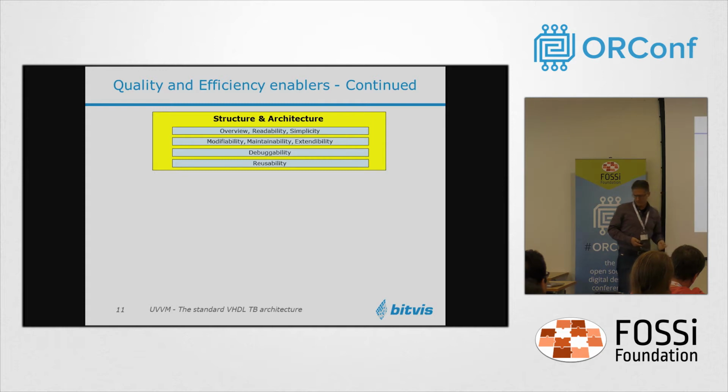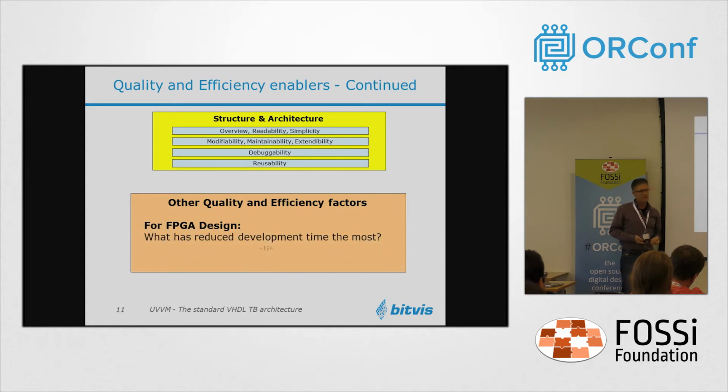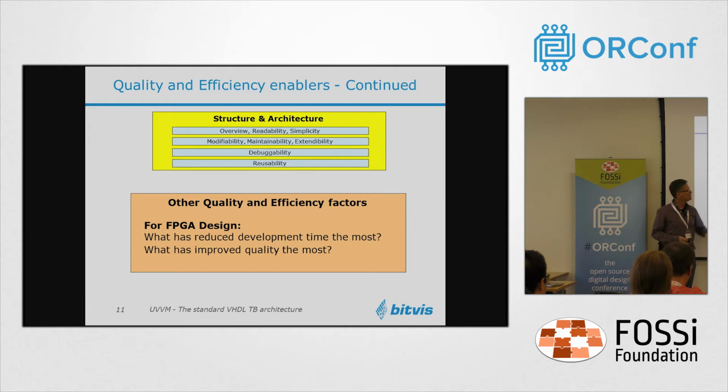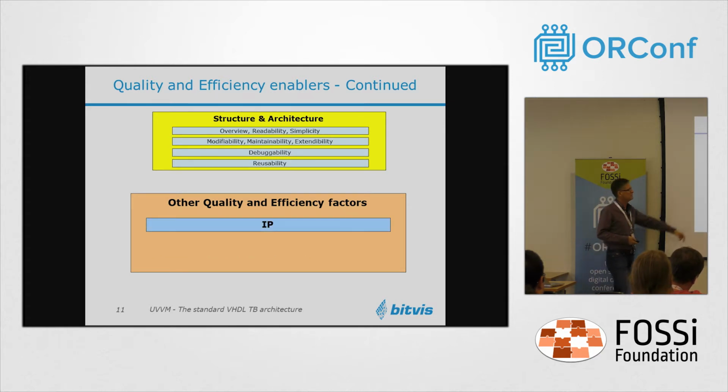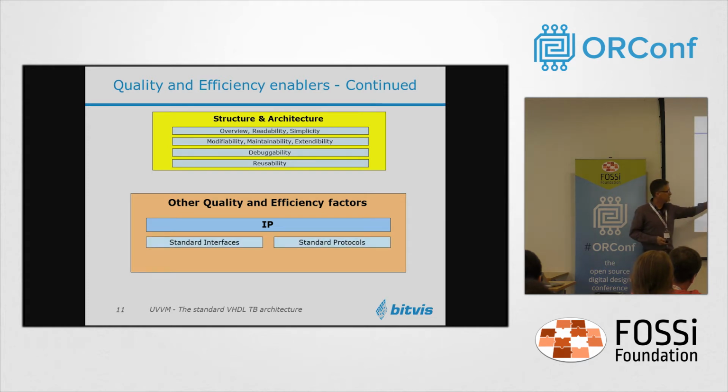So looking at these quality and efficiency enablers, I mentioned these, but there are also some additional things which are important to be aware of. What has reduced the development time the most, and what has improved the quality the most over the last 10 years? In my opinion, it's IP, right? Design IP. And for that to work, we have to have standard interfaces and standard protocols.